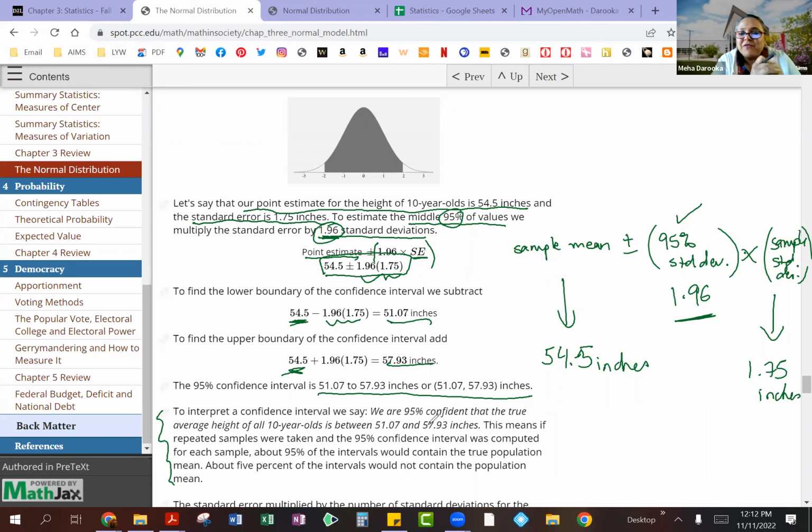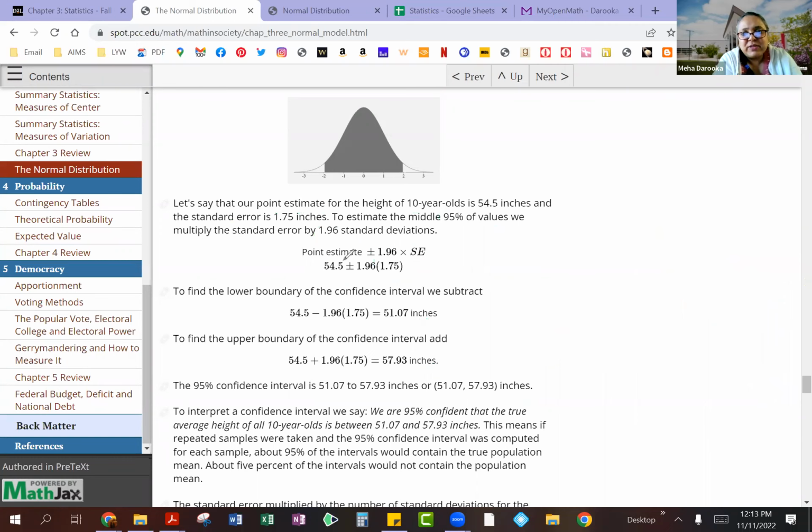And we're saying about 5% of the intervals would not contain the population mean. So about 5%, because we are keeping that 95% confidence interval, the remaining 5% would fall outside of that range of 51.07 to 57.93. So that's the calculation you really need to remember, this one for the confidence interval.